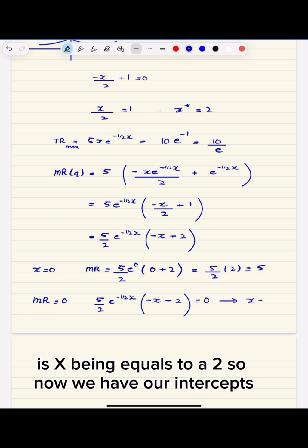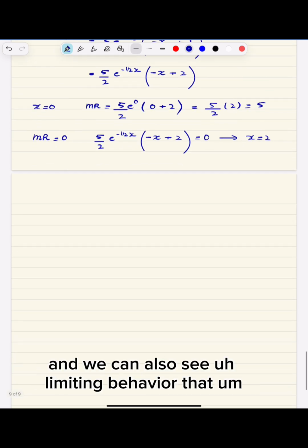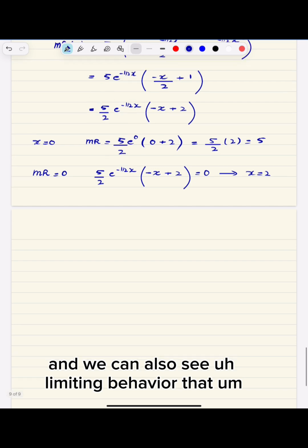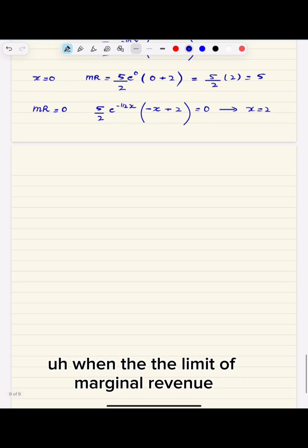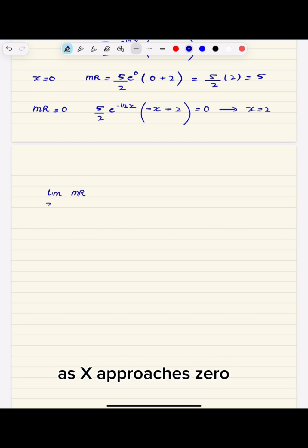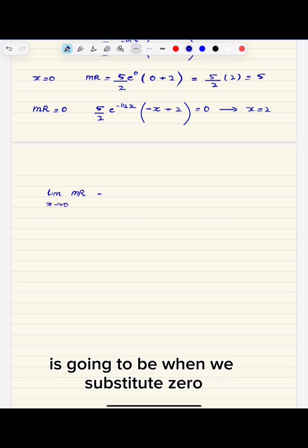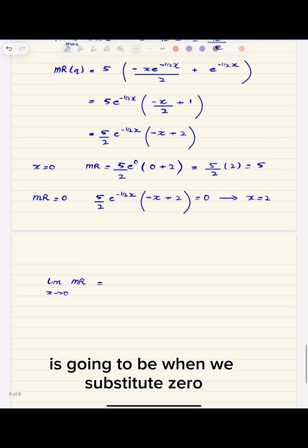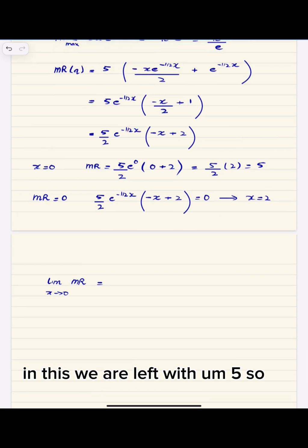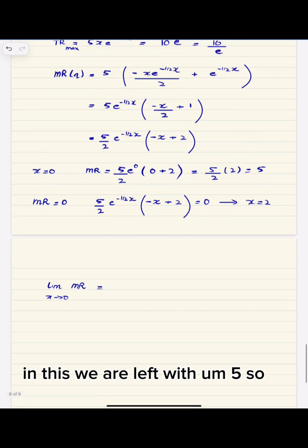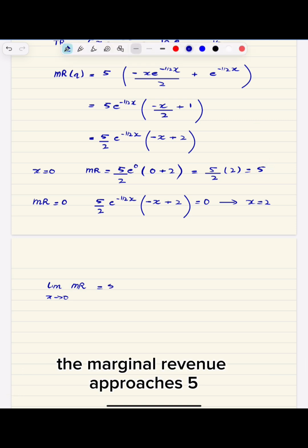So now we have our intercepts, and we can also see the limiting behavior. The limit of marginal revenue as x approaches 0, when we substitute 0 in this, we are left with 5. So the marginal revenue approaches 5.